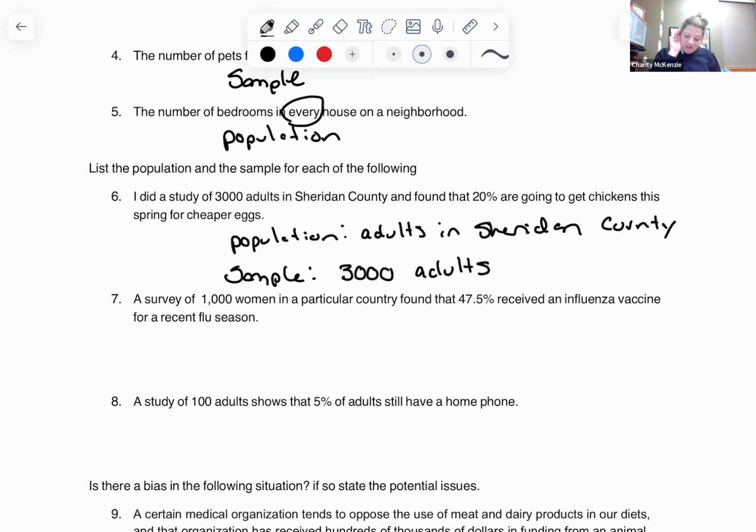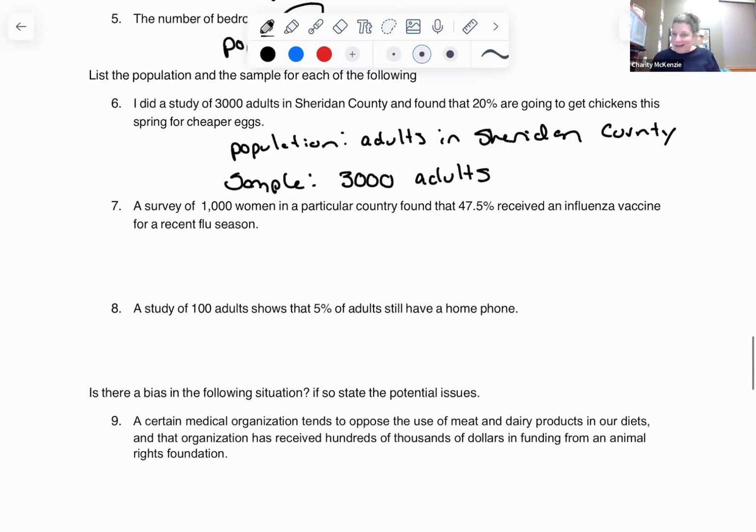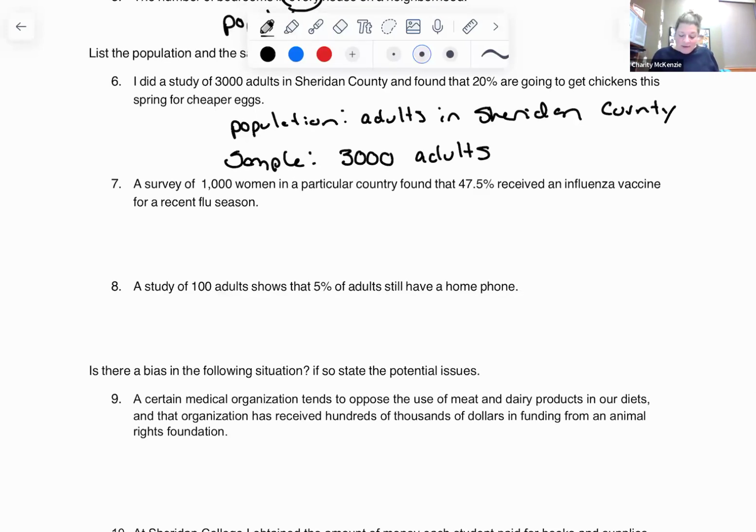Question 7. Again, pause, try this, and then see what I say the answer is. A survey of 1,000 women in a particular county found that 47.5% received an influenza vaccination for a recent flu season. When I look at this one, what's the population?